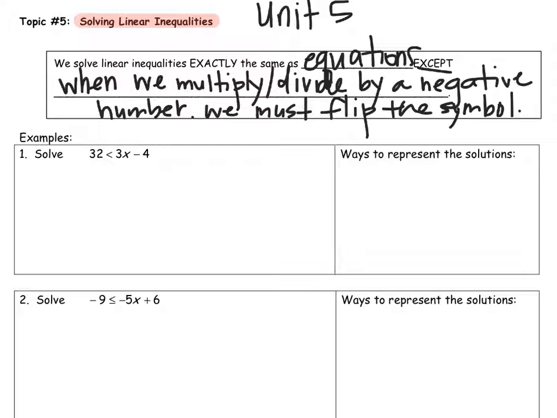So take a minute to write that. We solve linear inequalities exactly the same as equations, except when we multiply or divide by a negative number, we must flip the symbol.